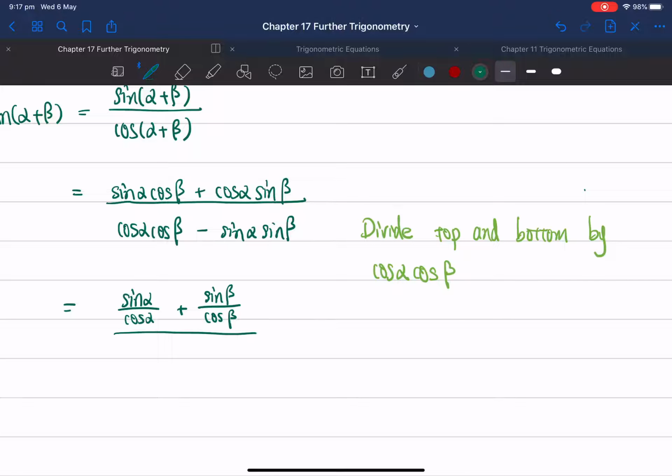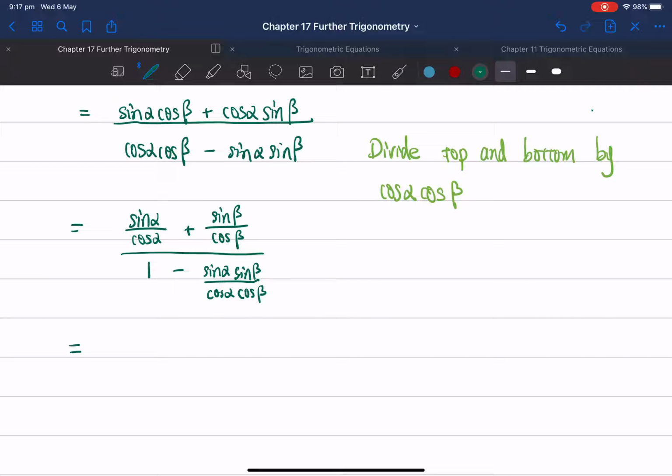All right, if we do the same thing for the denominator, we're going to get 1 here because they are exactly the same term. And then minus sine alpha sine beta over cos alpha cos beta.